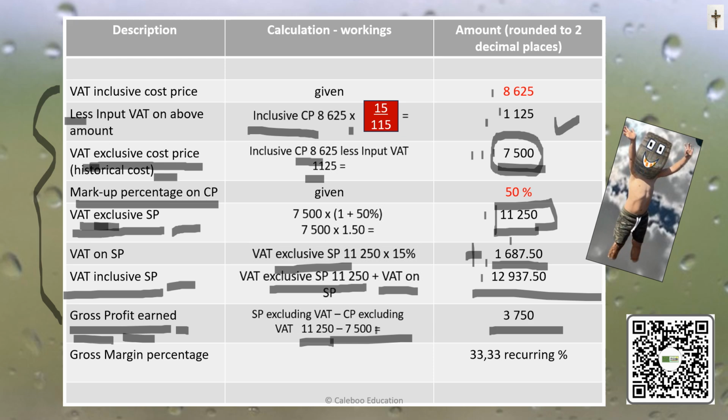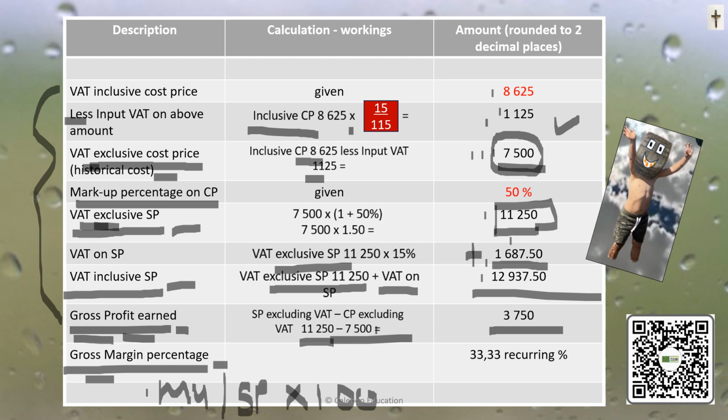3,750. Then the last thing they want you to do here, gross margin is the markup on the selling price, and they want the percentage multiplied by 100. And once again, when you do this calculation, they are looking for the numbers excluding VAT.